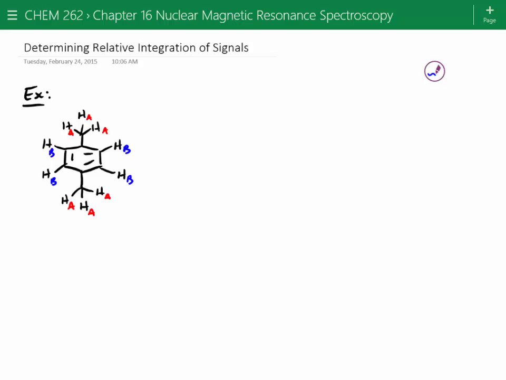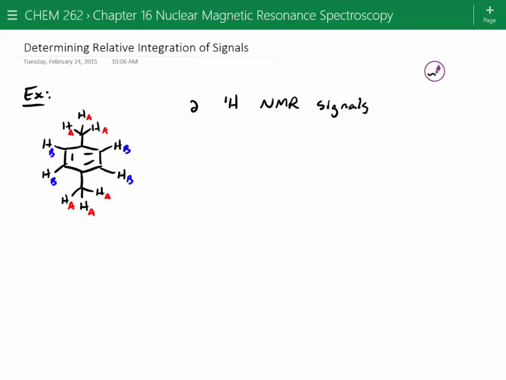Sorry, I'll slow down. And then what I'm going to do is we said we would have 2 1H NMR signals. So this is exactly what we had in our notes before. Right, so we'll get a signal for the HA protons and then a signal for the HB protons. So we should anticipate seeing 2 signals.